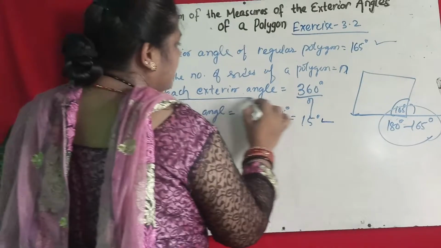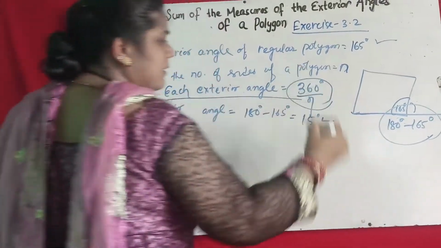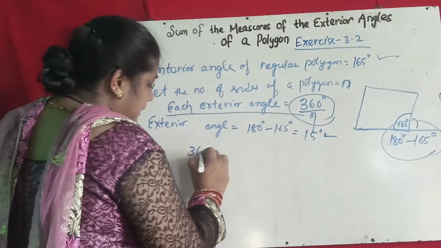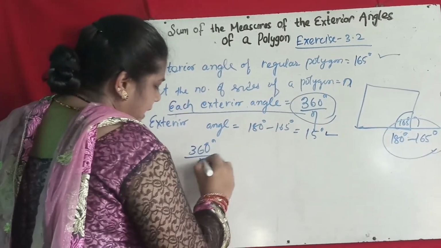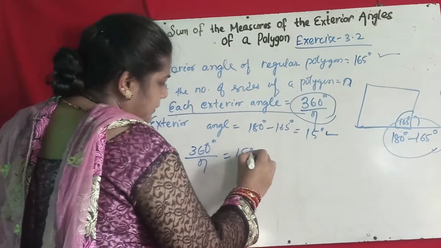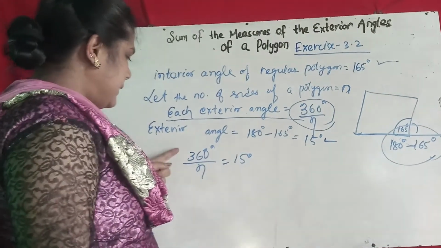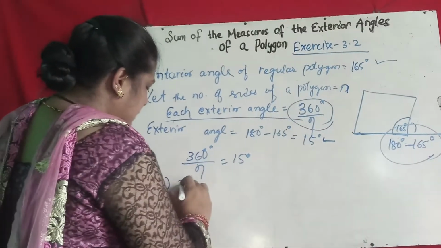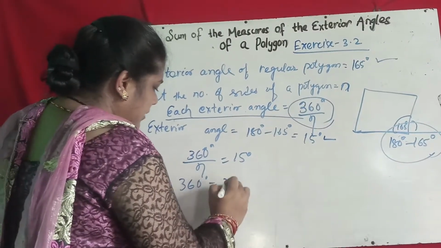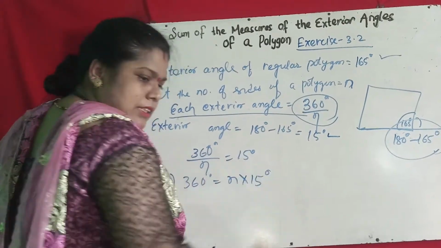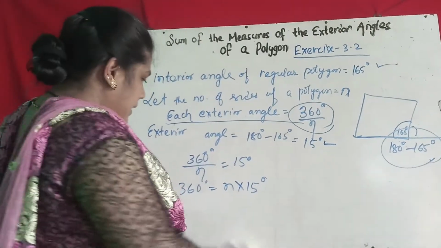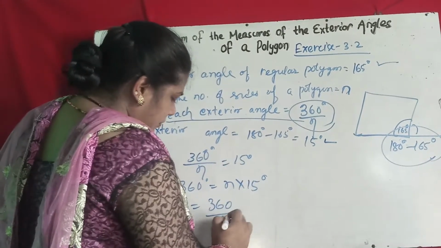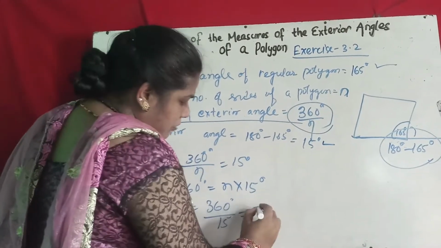Here the exterior angle is 360 by n degrees. That means 360 degrees by n equals 15 degrees. That is 360 degrees equals n into 15 degrees, that is 15n. So n equals 360 by 15 equals 24.